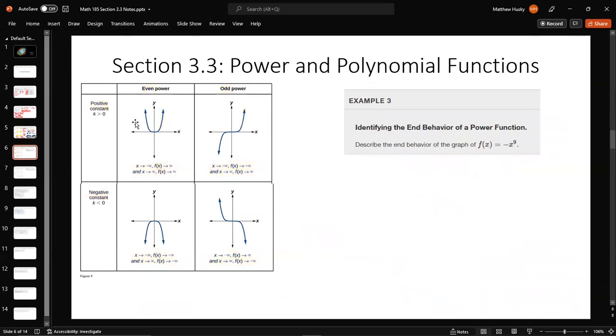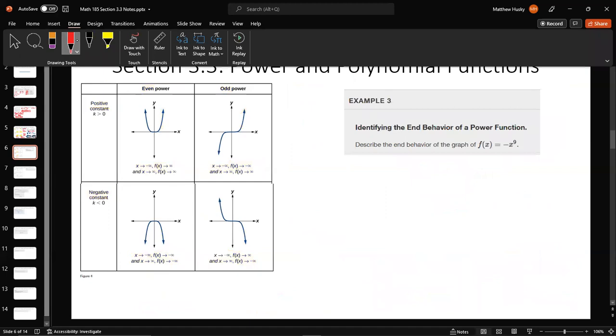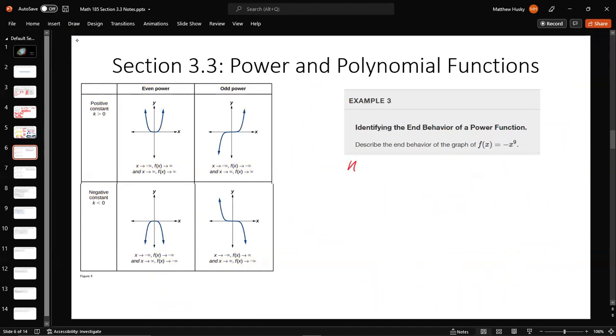Okay, here is another one. So they say, describe the end behavior of the graph f of x equals negative x to the ninth. So what I know is that it is negative. And I also know the 9 is the power, so that's an odd power. And then without doing much analysis, I can already write down this much.